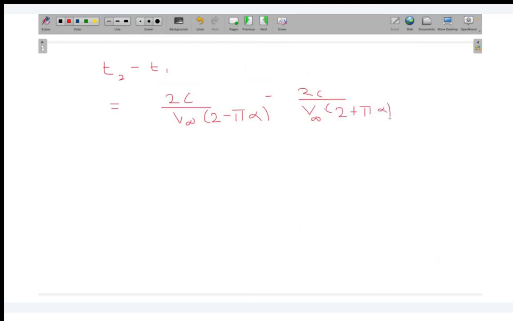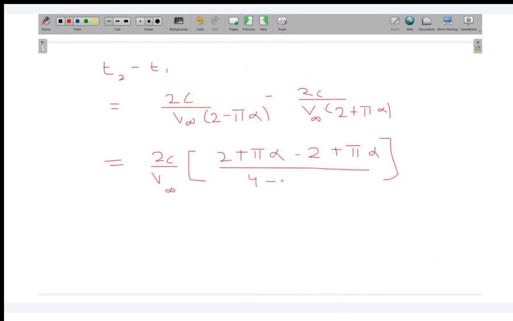If I take 2C by V infinity common, this would be 2 plus pi alpha minus 2 minus pi alpha, divided by 2 minus pi alpha into 2 plus pi alpha, that is 4 minus pi square alpha square. So 2 cancels.